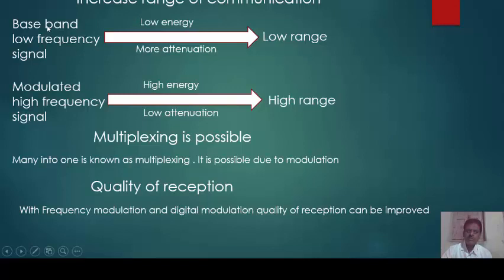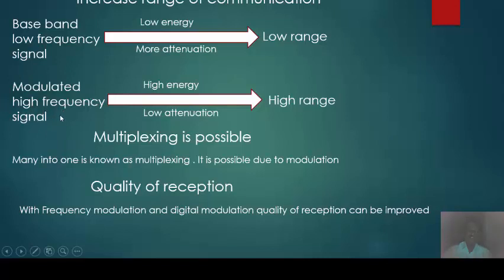distance, because the baseband signal has low frequency, therefore its energy is very low, and due to the low energy, when the signal is sent from one place to another place, more attenuation takes place. Attenuation means loss of the signal, and here the losses are very high, and therefore it can reach only a low distance, so the range is very low. Suppose the second type of signal is the modulated signal, which is a high frequency signal.